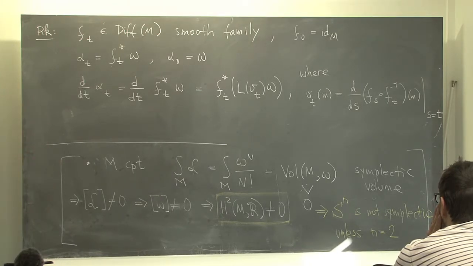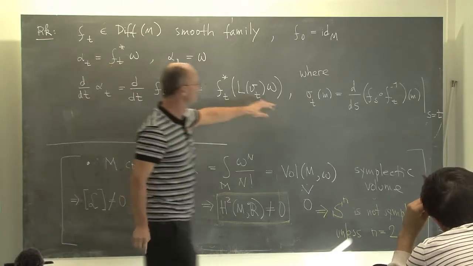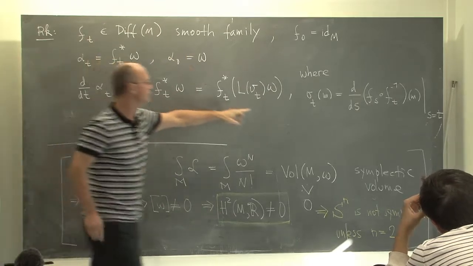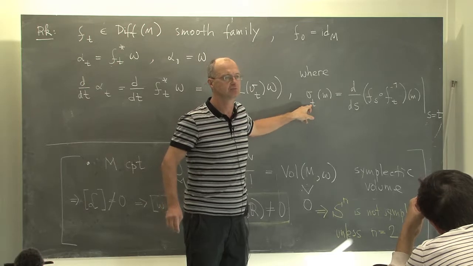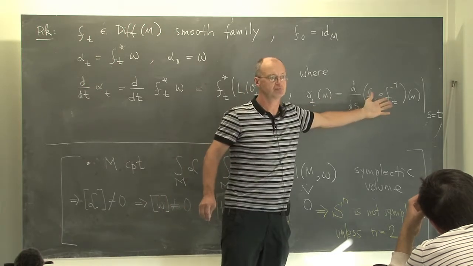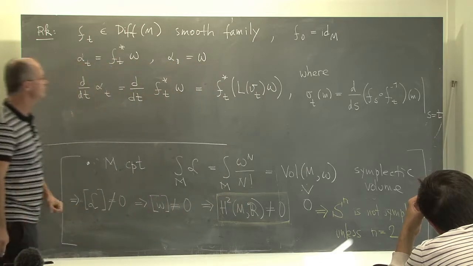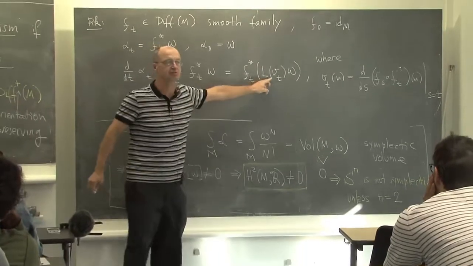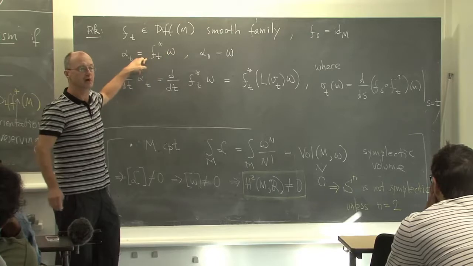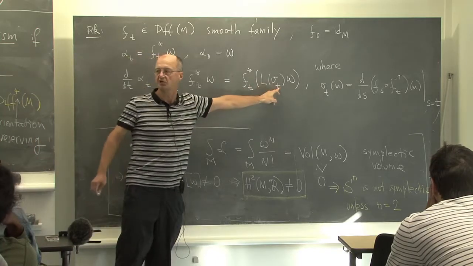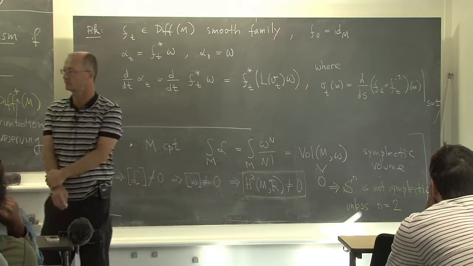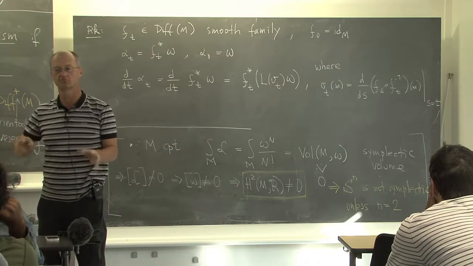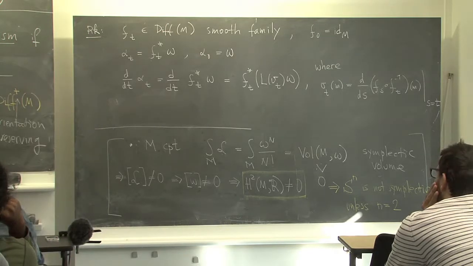Doesn't sound correct? So one can define, having this family of diffeomorphisms, also a family of vector fields. So this vector field is roughly the derivative of our diffeomorphism in the diffeomorphism group. And then there will be this formula relating the derivative of the form obtained by the pullbacks with Ft and the Lie derivatives. Does it sound roughly correct? Okay, if later on you have doubts, you tell me.